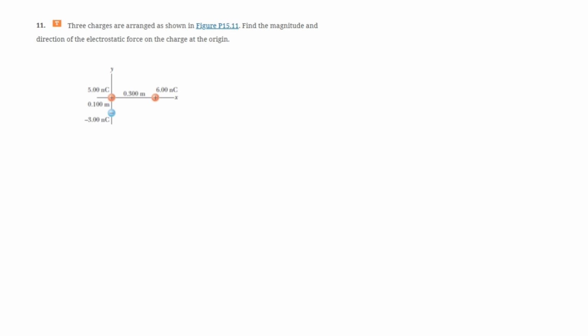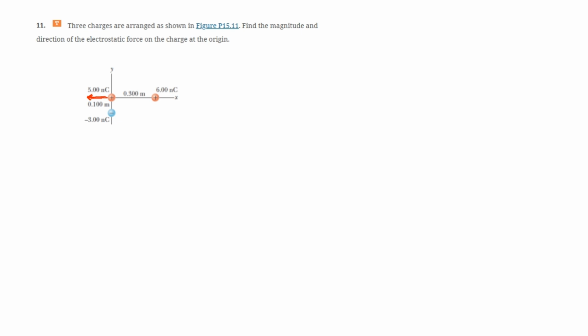So due to the action of the positive charge of 6 nanocoulombs on this positive charge of 5 nanocoulombs, there would be a force of repulsion, pointing in this direction, pointing left, acting on the charge of 5 nanocoulombs.